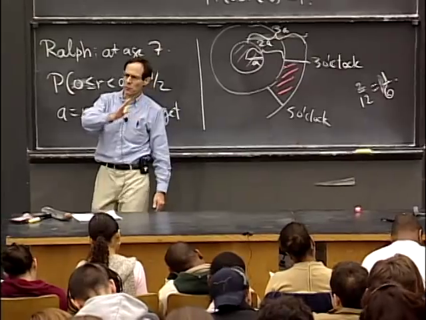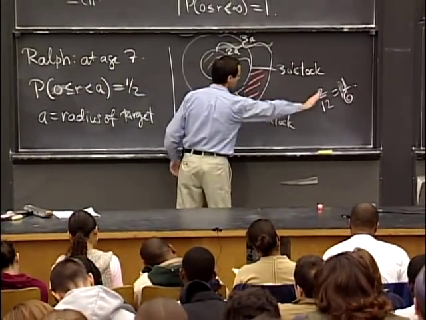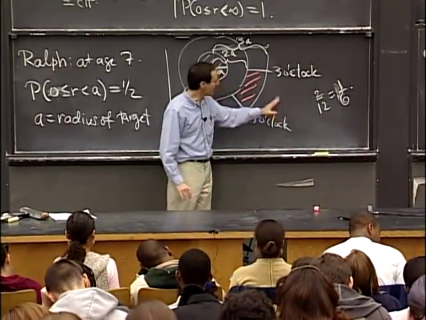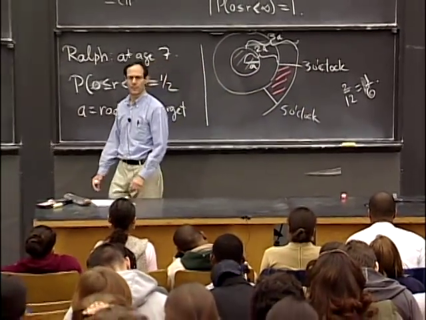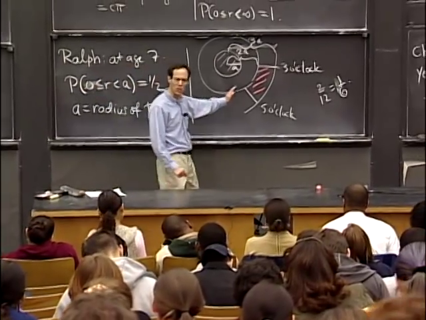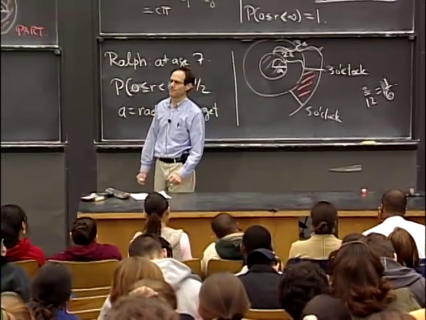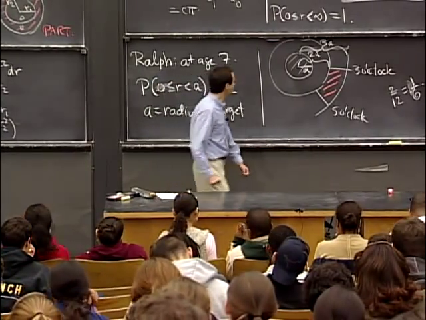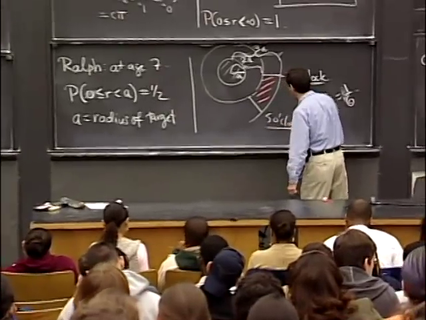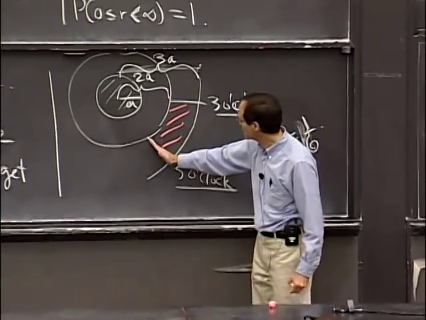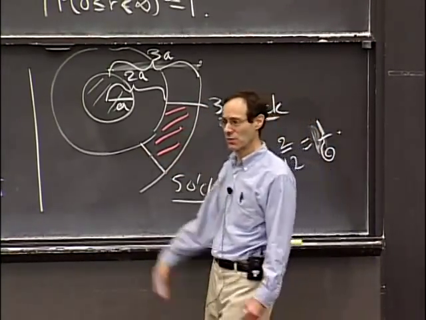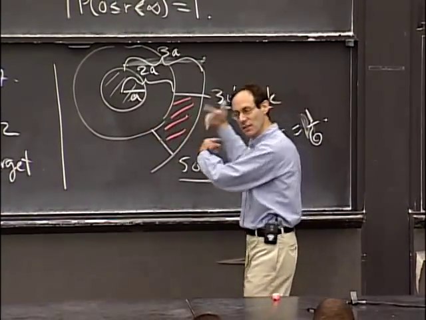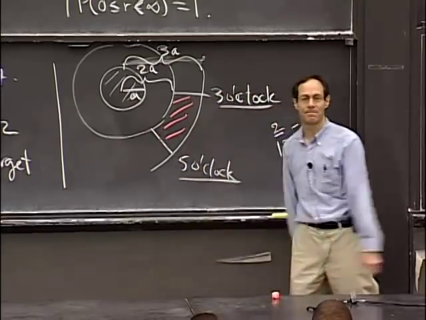As you'll see from the computation, because the likelihood drops off pretty quickly, whatever of him was standing outside there wouldn't have mattered anyway. So we're just worried about the part that's closest to the target. Why is it out of 12? Because I made it a clock, from 3 o'clock to 5 o'clock, so it's 2 of the 12 hours of a clock. It's just a way of making a section that you can visibly see.